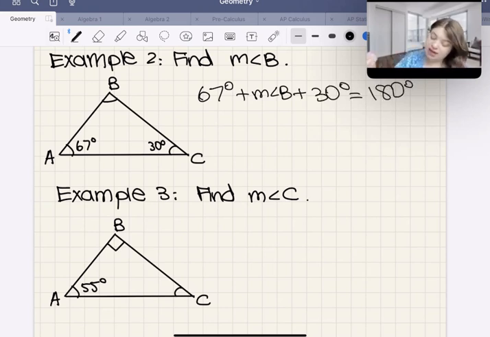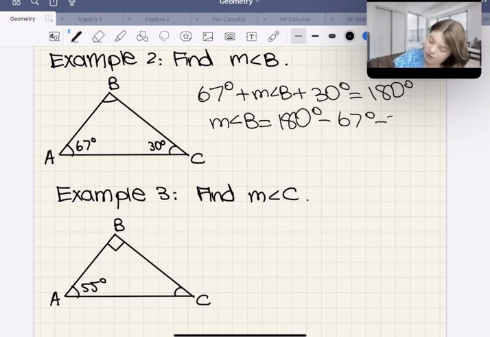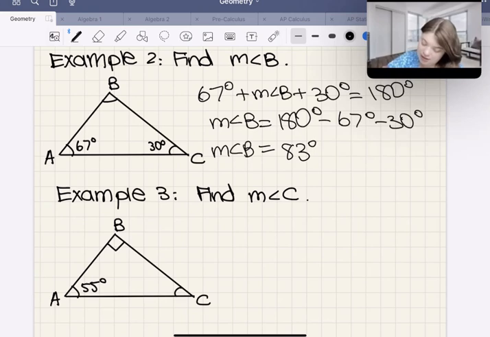So that tells us, if we rearrange this, that measure of angle B is just 180 minus the other two angles. So all we have to do is just subtract the other two angles, and then we're good to go. And in this case, I'm getting 83 degrees. And so therefore, measure of angle B must be 83 degrees in order to make it so that all three of them add up to 180, which is something we know to be true of all triangles.